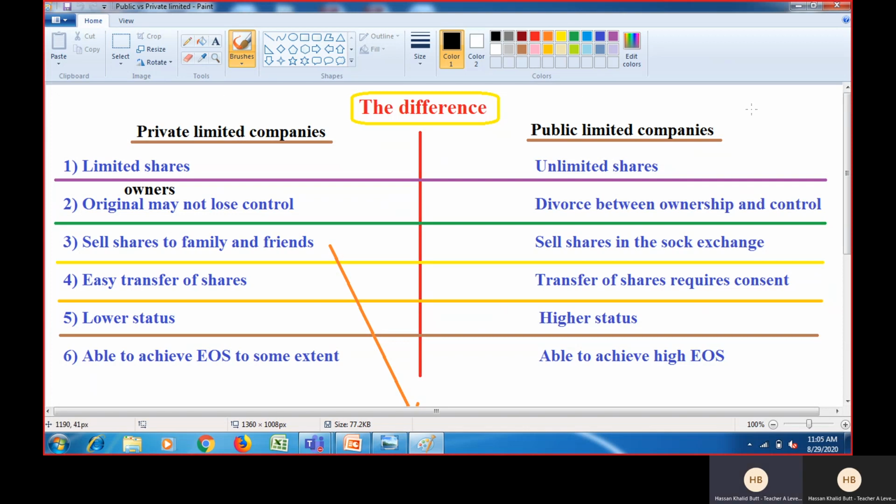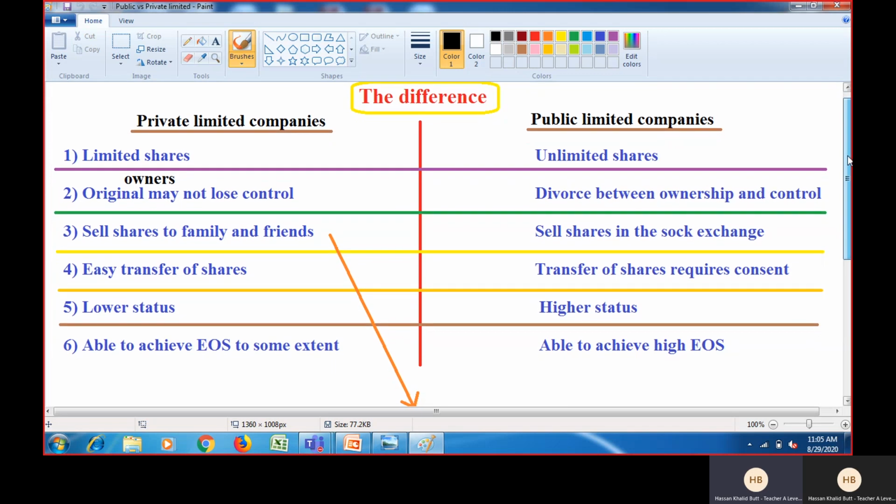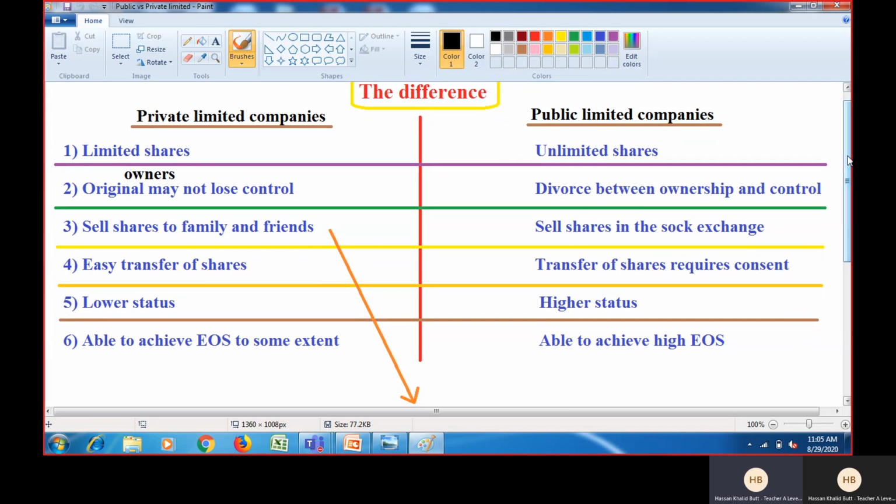The reason is because you know that the board of directors is elected in an annual general meeting where votes are cast by the shareholders in favor of the candidates for the post of board of directors, right? And I told you earlier in the previous class as well that the voting power of each shareholder depends on the number of shares held by each shareholder.